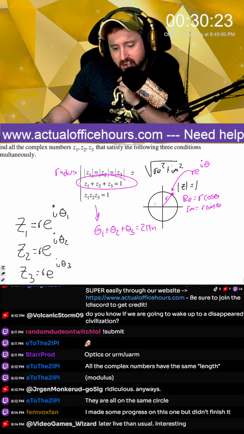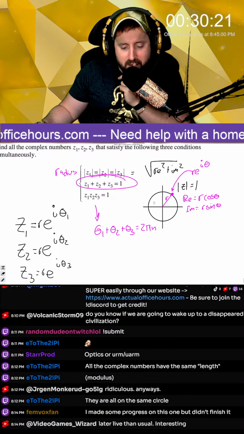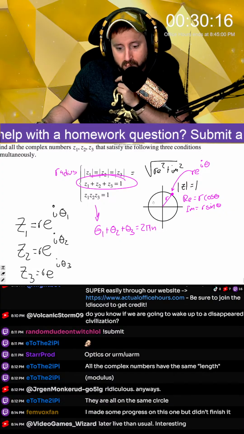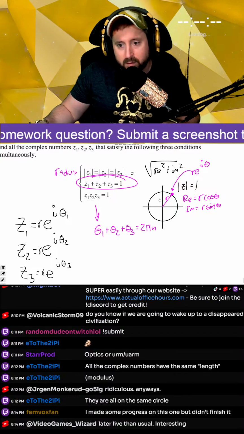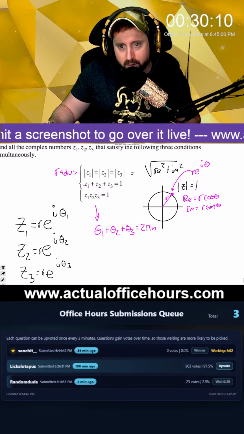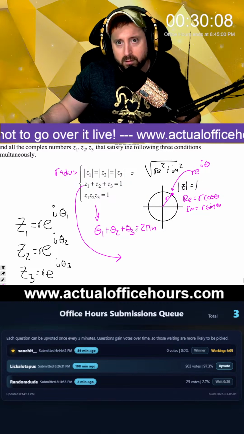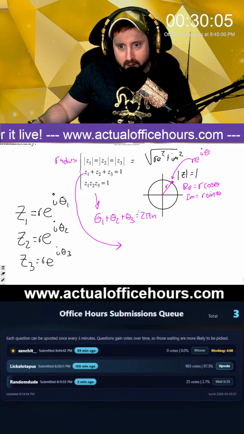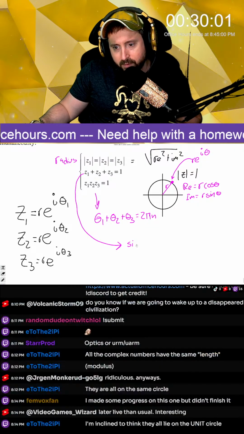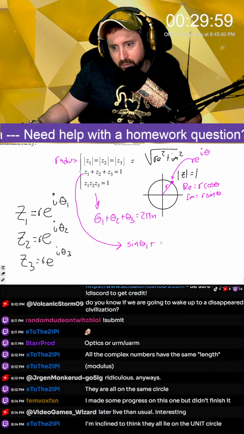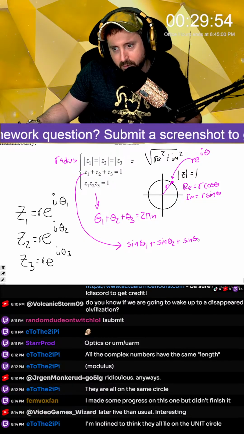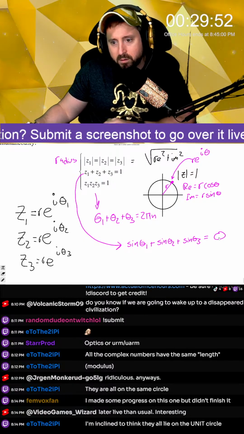This, to me, means that the imaginary parts have to all add up to 0. Right? Because this is a real number, right? So this would tell me that sine theta 1 plus sine theta 2 plus sine theta 3 must be equal to 0.